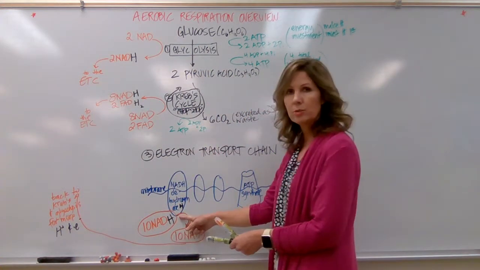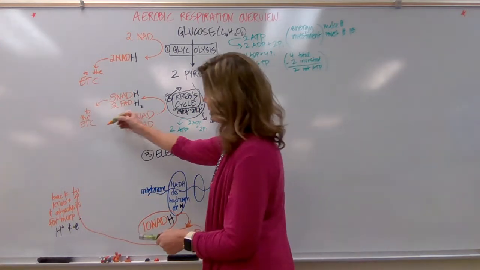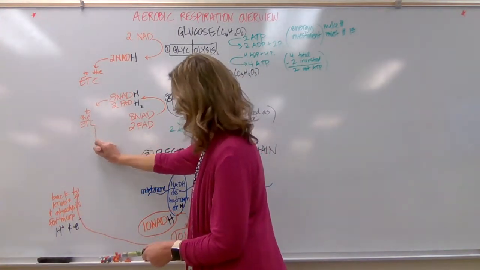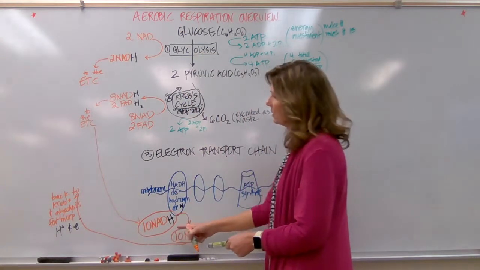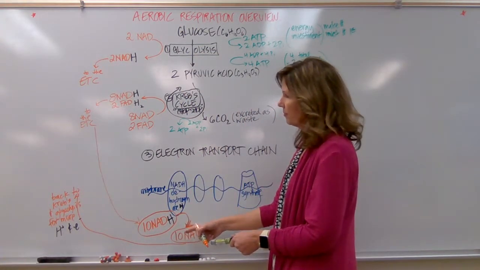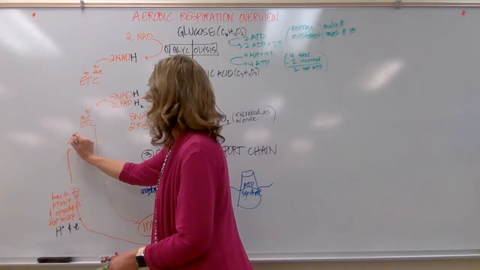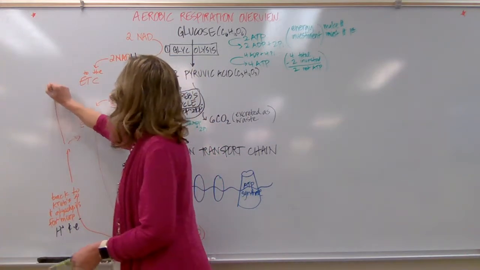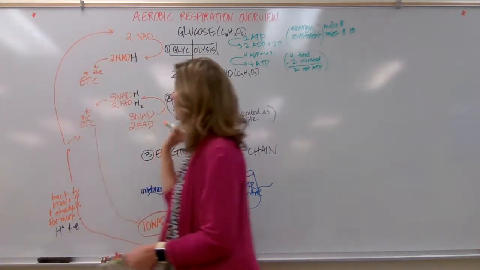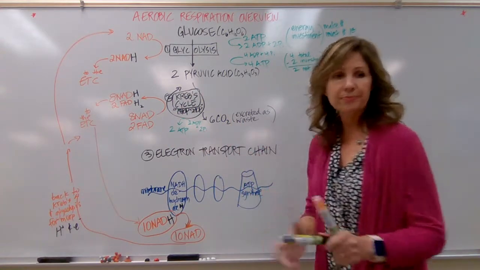Remember that H will be those protons and electrons. So I'm just going to carry my NADH coming down from glycolysis and the Krebs cycle. Now, can you see that that NAD can go back to the Krebs cycle and back to glycolysis, so that we can cycle.